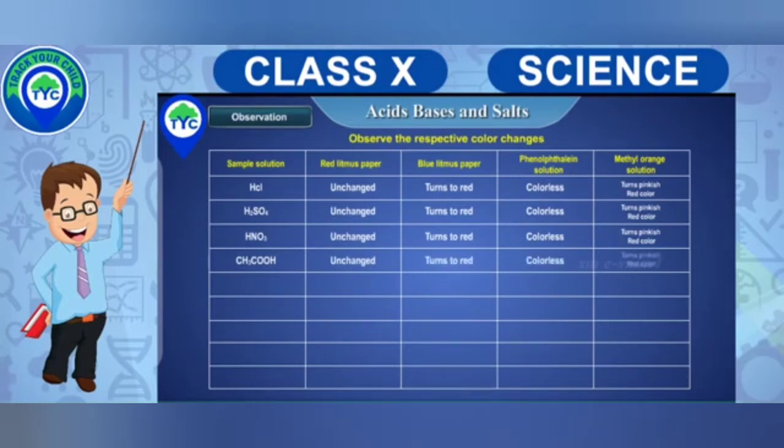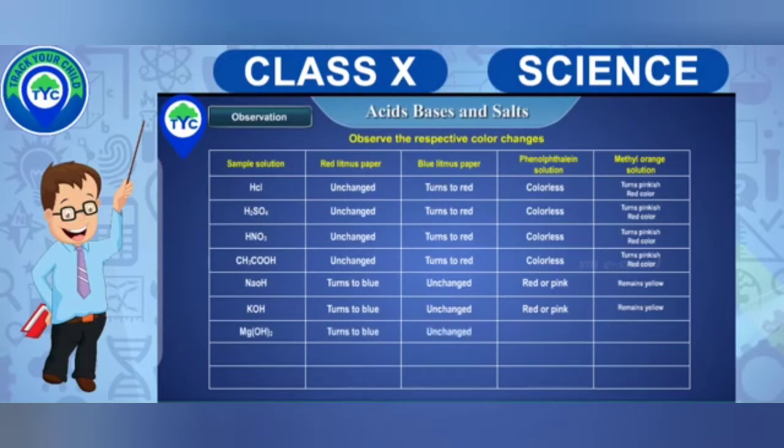NaOH: turns blue, unchanged, red or pink, remains yellow. KOH: turns blue, unchanged, red or pink, remains yellow. Mg(OH)2: turns blue, unchanged, red or pink, remains yellow.